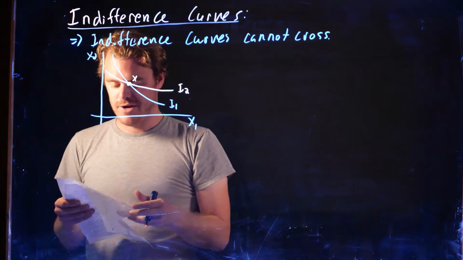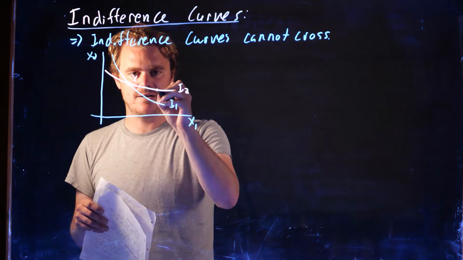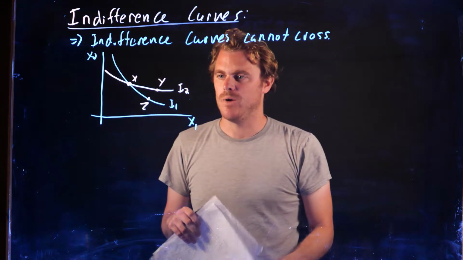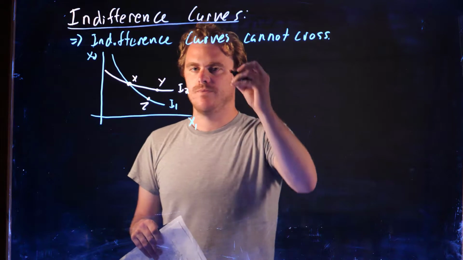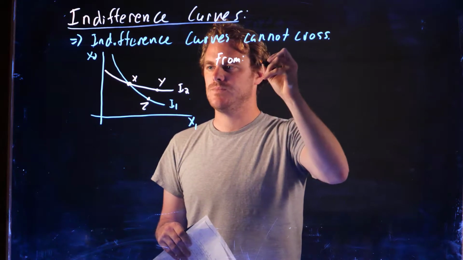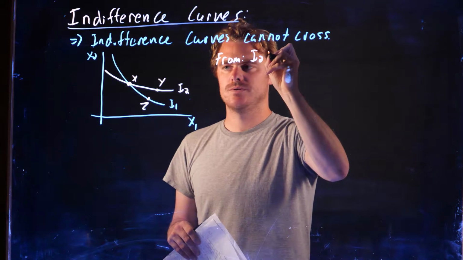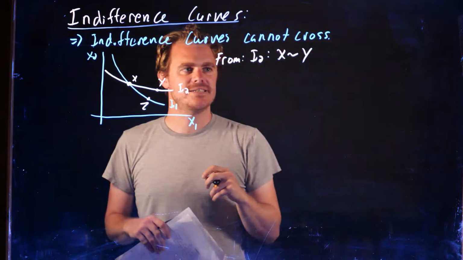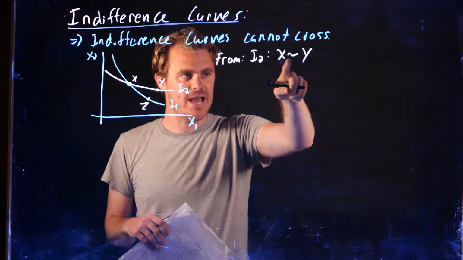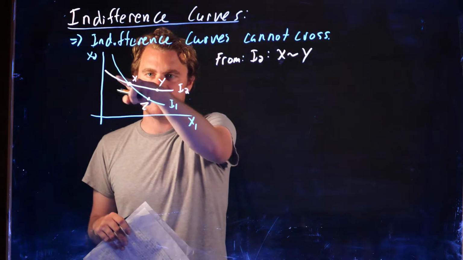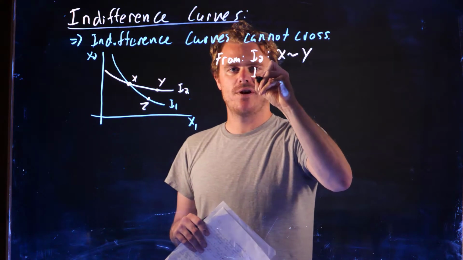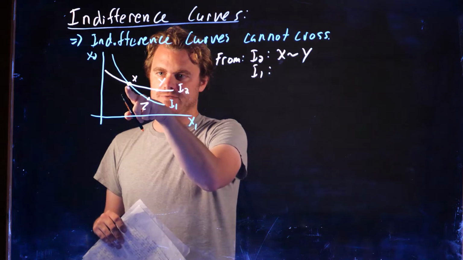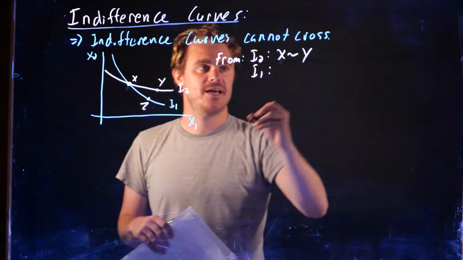Where they cross is going to be bundle x. Let's put bundle y here and bundle z on this I1. So from I2, we see that the consumer is indifferent between bundle x and bundle y because they're both on the same indifference curve, I2. Now from I1, we see this blue indifference curve that the consumer is indifferent between bundle x and bundle z.